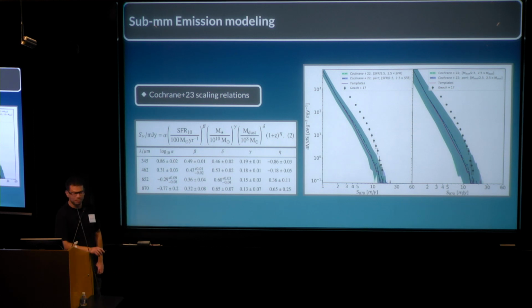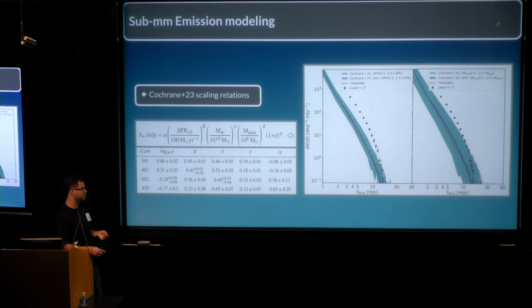It is comparing the number counts with observations: how many galaxies with a certain submillimeter flux density we have per beam compared with observations. So we cannot match the observations very well, but this is still an unsolved problem in the literature.